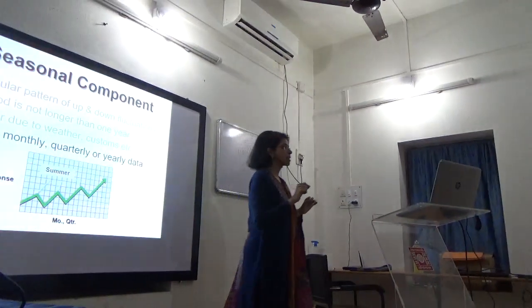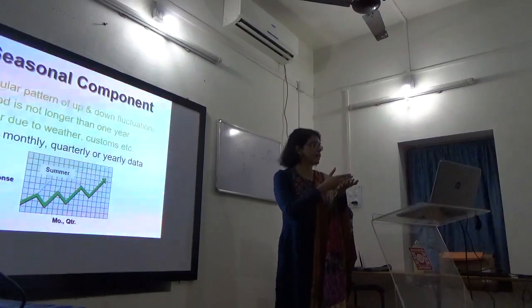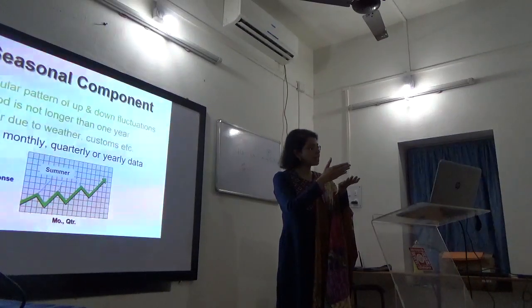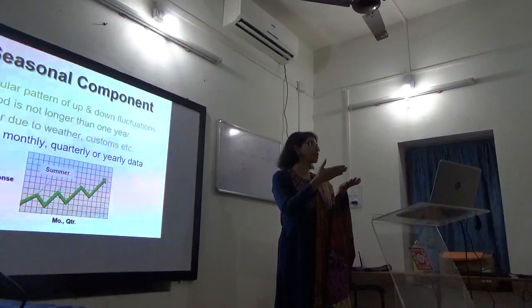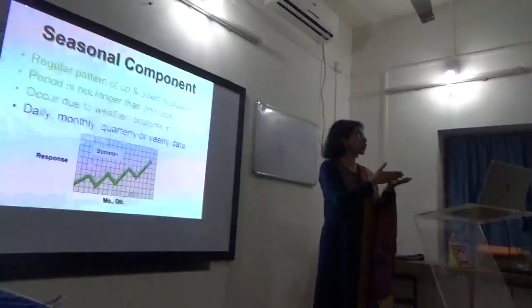So in time series analysis, a periodic movement is important, but the period might be less than 1 year, or might be greater than 1 year. If your period is greater than 1 year, we say cyclical component, and if your period is less than 1 year, we say seasonal component.